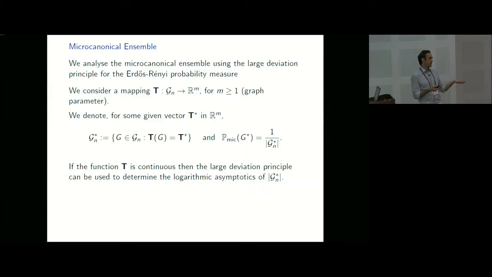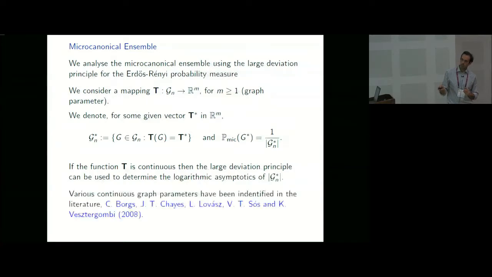This is by taking the parameter p equal to 1/2, and then the Erdős-Rényi probability measure is just 1 divided by the total number of graphs satisfying this constraint. There are some papers trying to find graph parameters which are continuous, and there is this paper where they identify various graph parameters which have this property, and subgraph counts are continuous, and this is not so difficult to show.